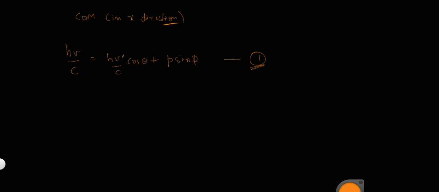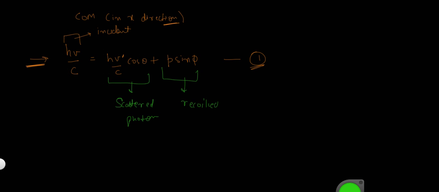Now the conservation of momentum in x direction is given by this equation. We recall that this is the momentum in x direction of the incident photon, this here is the momentum in x direction of the scattered photon, and this here is the momentum in x direction of the recoiled electron.